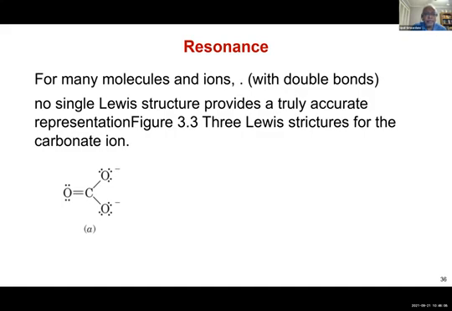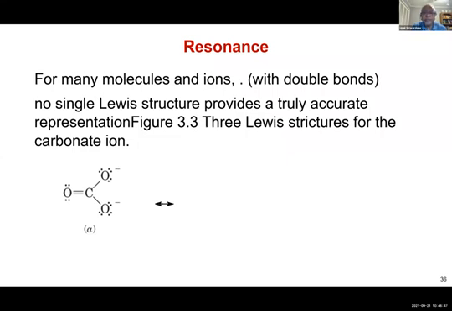Carbon has 4 valence electrons, and oxygen has 6, so 6 times 3 is 18, and 18 plus 4 is 22.